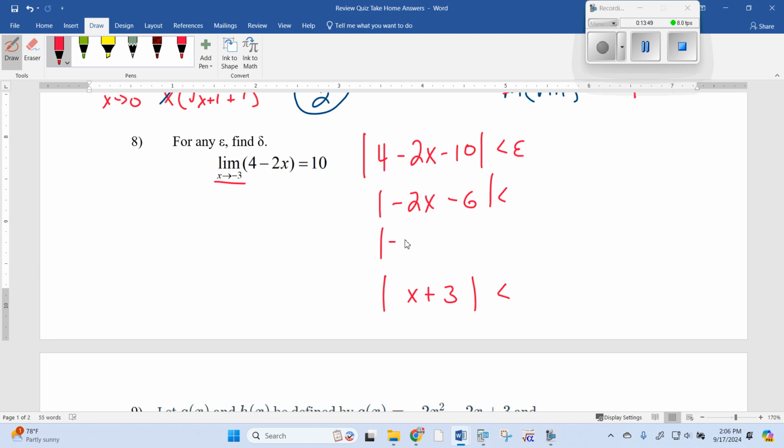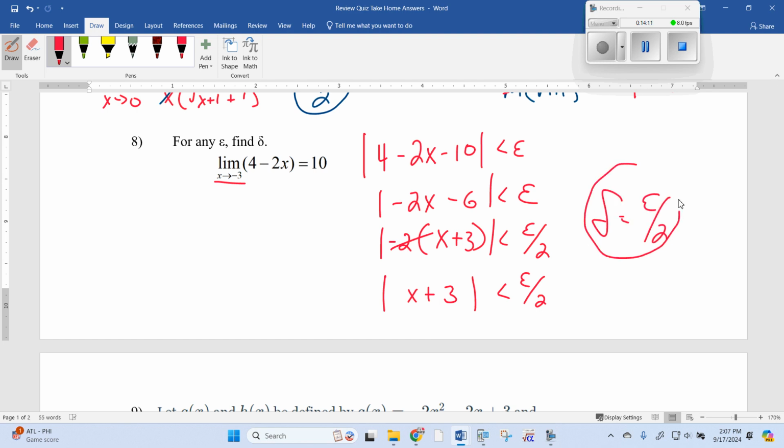So if I factor out a -2, then I have x plus 3 here. That -2 inside the absolute value, remember, you can never have a delta that's negative. So when I divide that -2 out, it just becomes a +2 because it's inside the absolute value. So my delta is epsilon over 2.